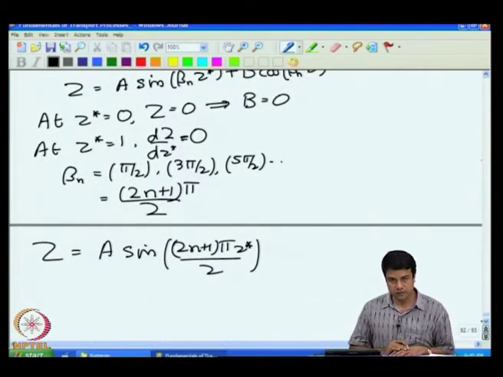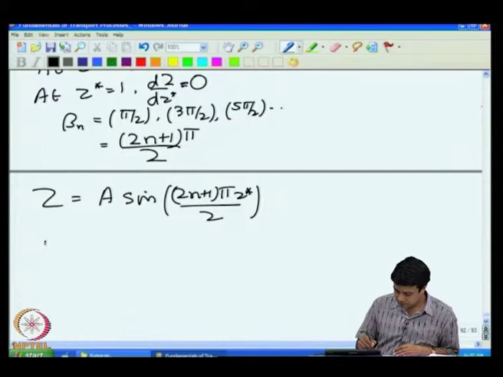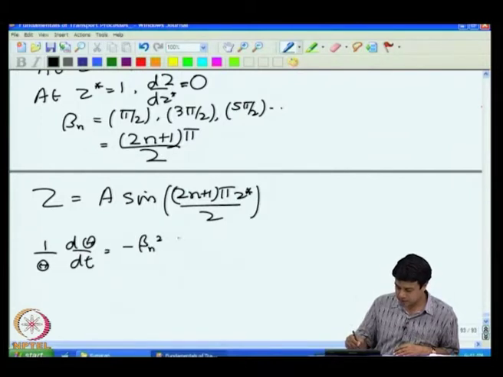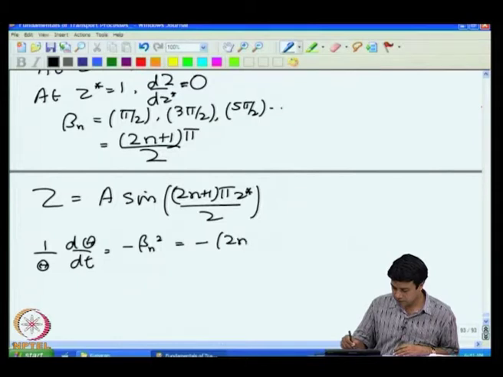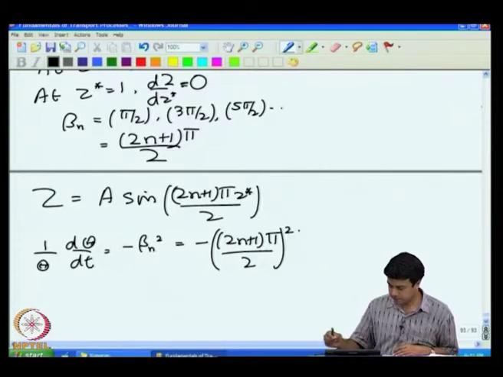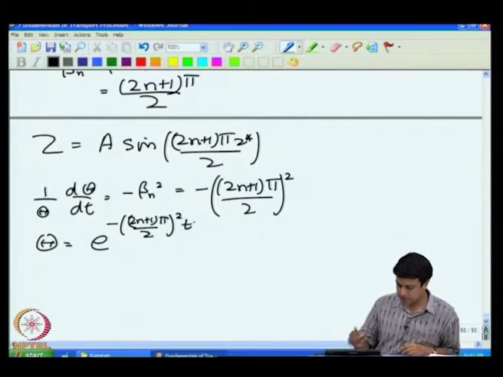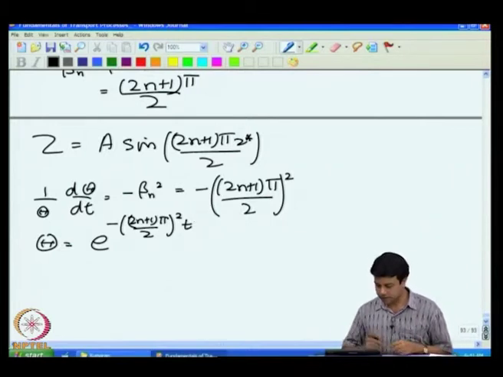So, that is the equation for capital Z. And I also have 1 by theta d theta by dt is equal to minus beta n square, which is minus of (2n plus 1) pi by 2 whole square. Solving this, I will get the exponential function theta is equal to e power minus (2n plus 1) pi by 2 the whole square times t. So, that is the final solution.